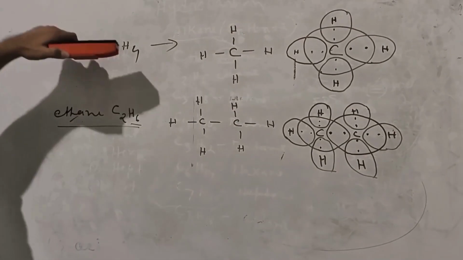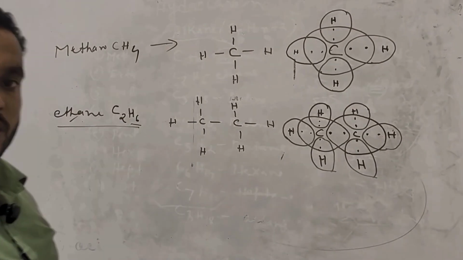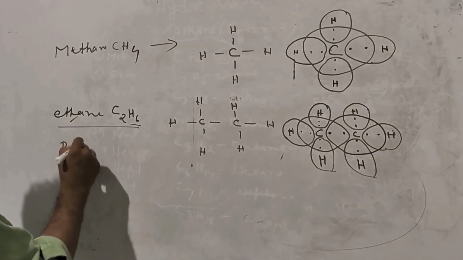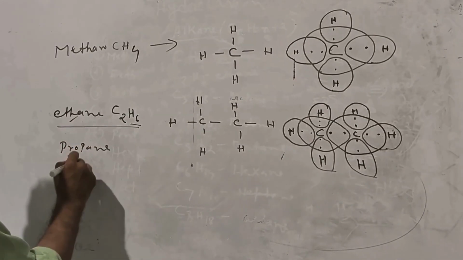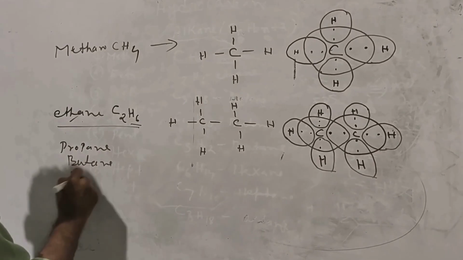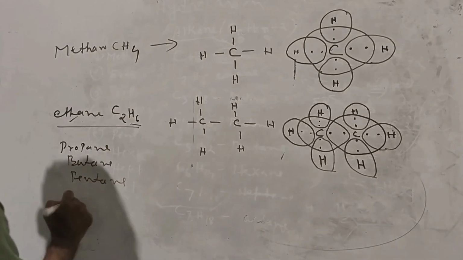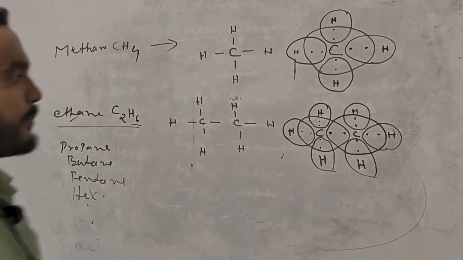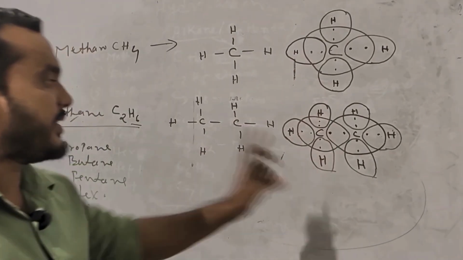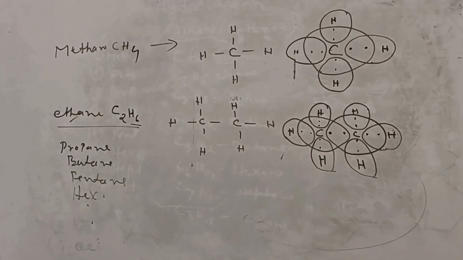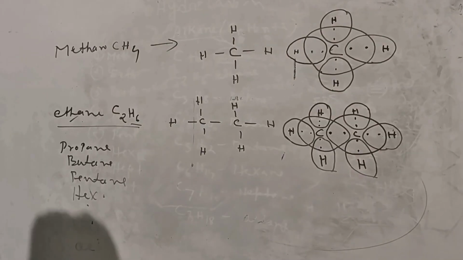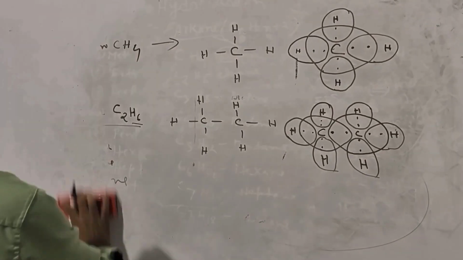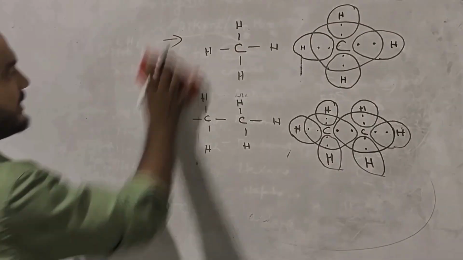So like that you can check for the rest of the members. This is your homework. Check propane, then butane, pentane, hexane, heptane, up to octane. Draw electronic dot structures in this way up to octane.